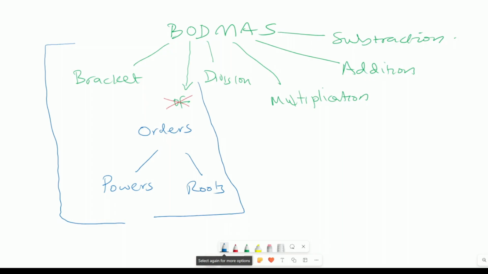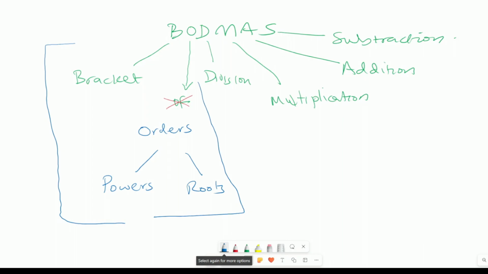If there are powers at all in whatever you are doing, you will have to solve the powers immediately after solving the brackets so that you are doing things in order. Otherwise, you really won't get it right.